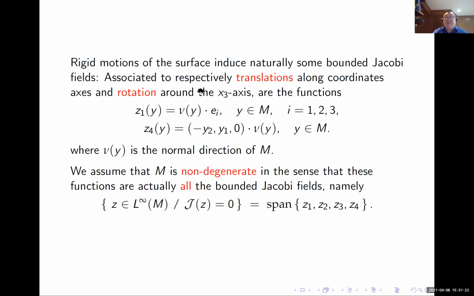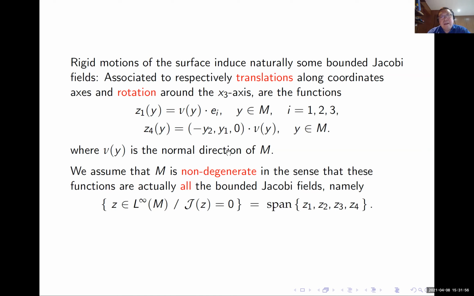For a minimal surface in R3, you automatically have 4 Jacobi fields: translations, because if you translate the minimal surface it does not change, and rotation, because if you rotate the minimal surface it does not change. The others can be a combination of these 4 Jacobi fields.